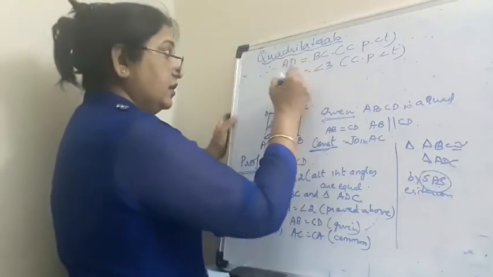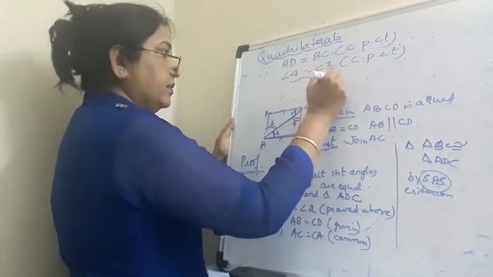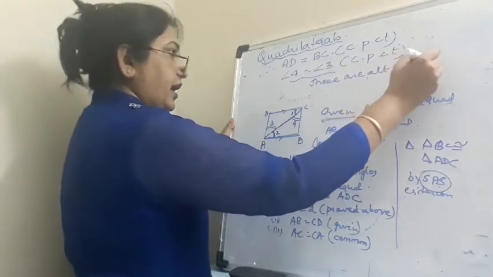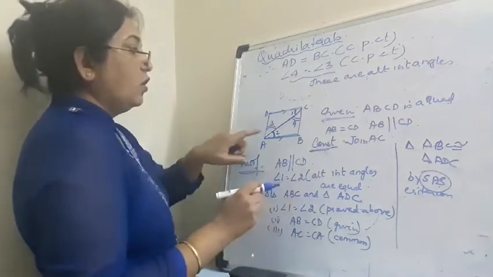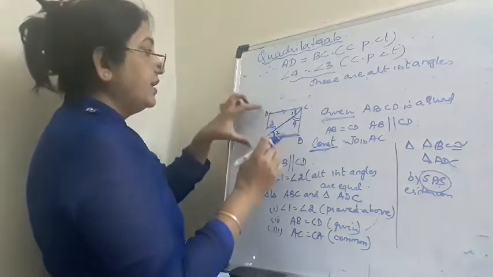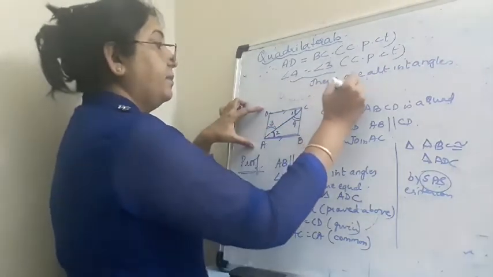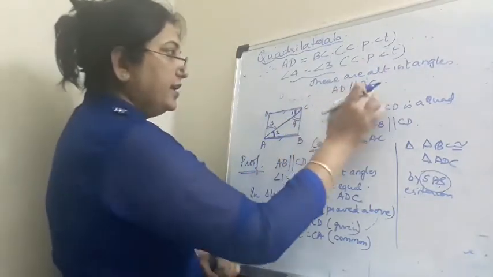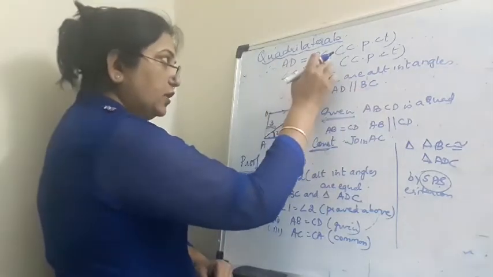Now what type of angles are these? These are alternate interior angles. Since the alternate interior angles are equal, we can now write that AD is parallel to BC. We have proved that AD is parallel to BC and AD is equal to BC.